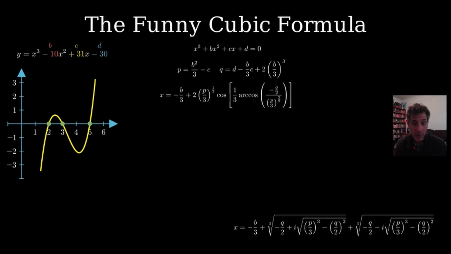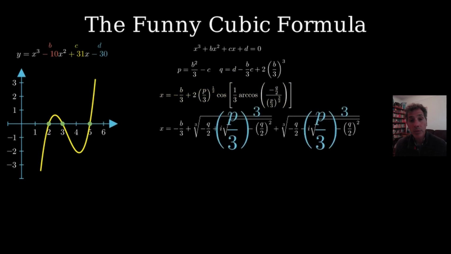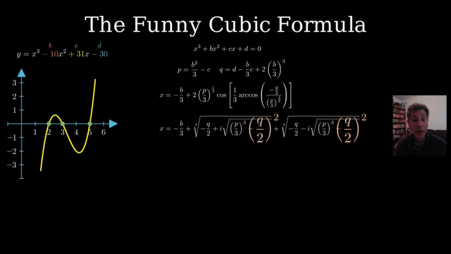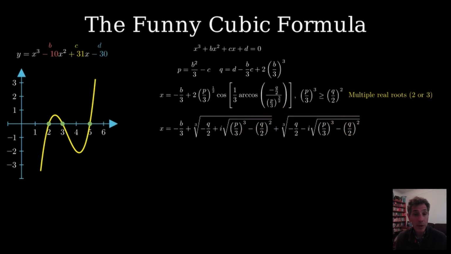Remember, we developed this particular equation when we assumed p over 3 cubed was greater than q over 2 squared. In that case, like in our example, we get 3 real roots. If instead q over 2 squared is greater than p over 3 cubed, there will only be 1 real root.